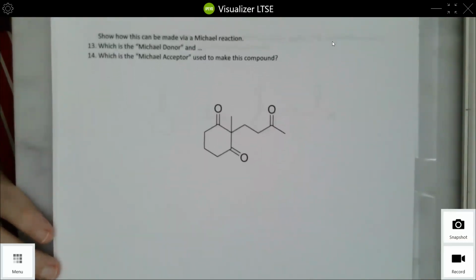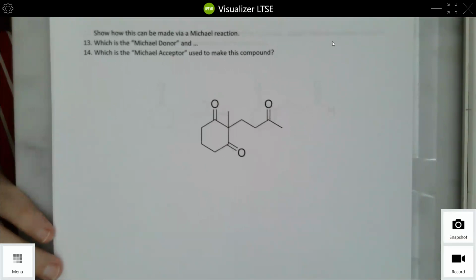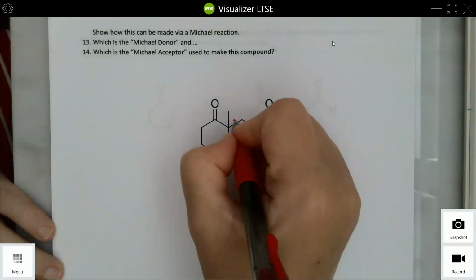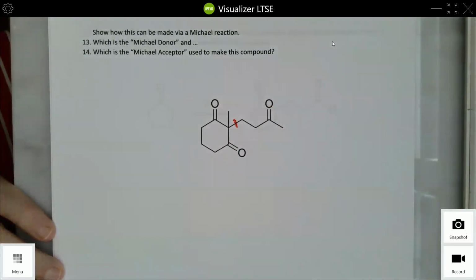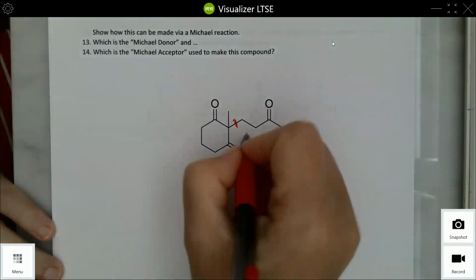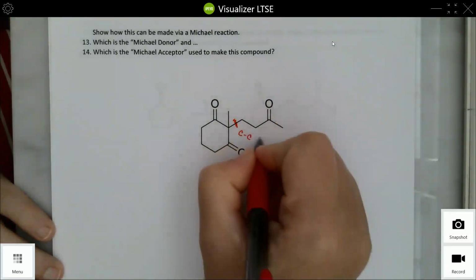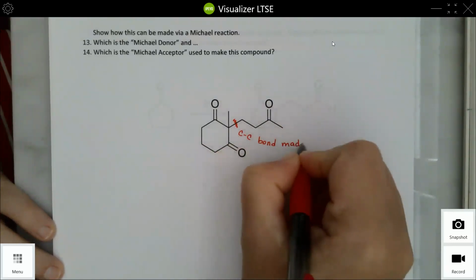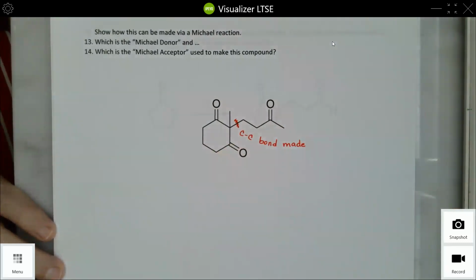Show how this can be made via a Michael reaction. Which is the Michael donor and which is the Michael acceptor used to make this compound? So we are going to do the reaction and form this carbon-carbon bond. So this is the carbon-carbon bond made in this Michael reaction.